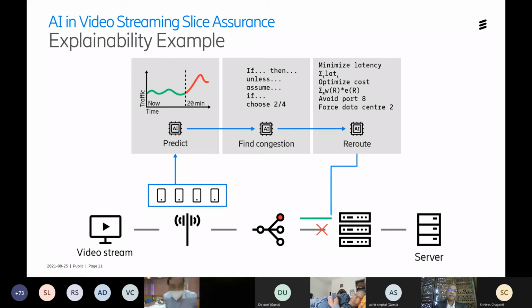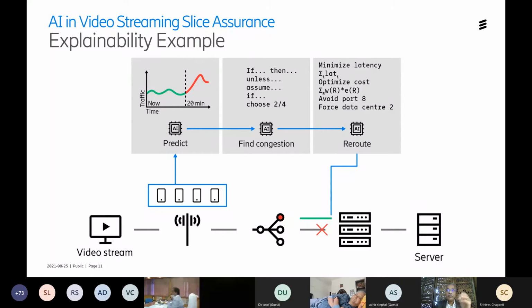So that's the second part. Third one, once you know that, there are optimization steps, reconfiguration steps that one could take in rerouting the traffic as necessary, reconfiguration of the network nodes using automation. That is the third part of the AI.